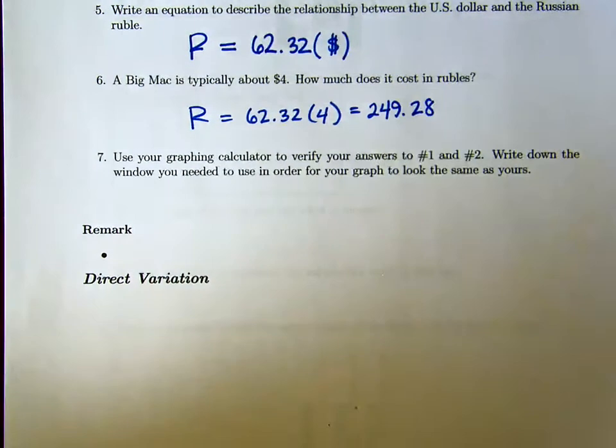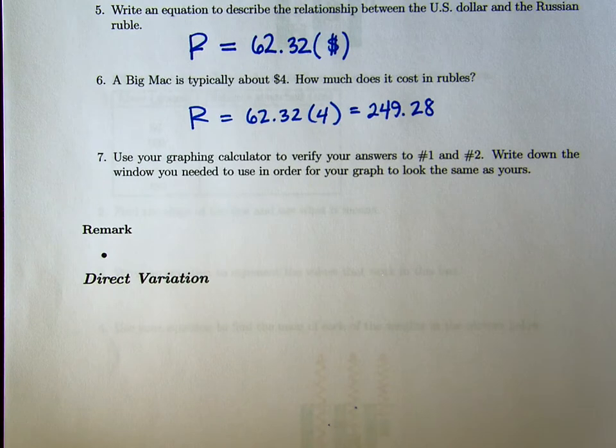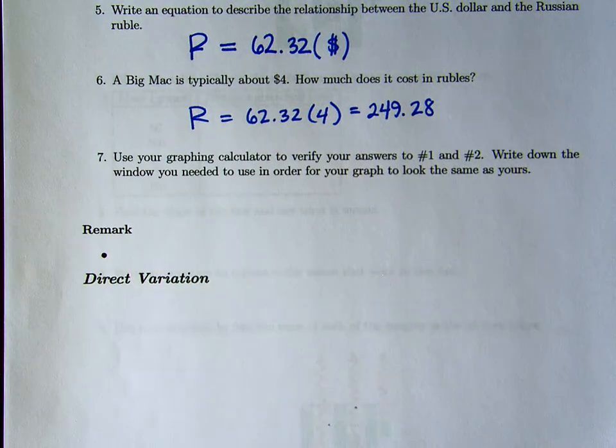Okay. Use your graphing calculator to verify the answers to number 1 and number 2. Okay, so the table and the graph. Write down the window you need to make it look like yours.